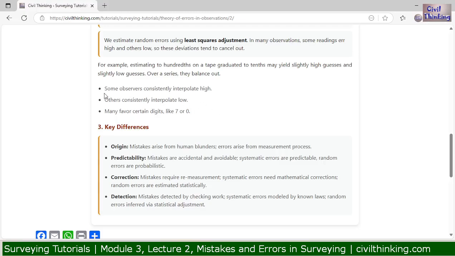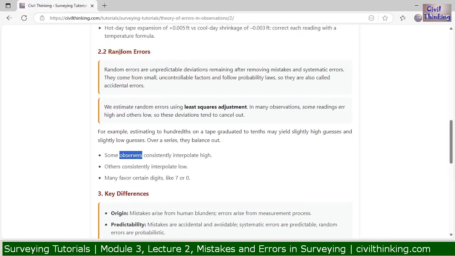It is a trait of an observer. So you should keep this in mind when estimating in the field: sometimes guess slightly higher, sometimes slightly lower. That way you will have the least random errors.